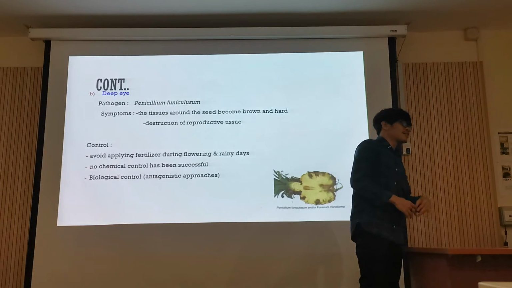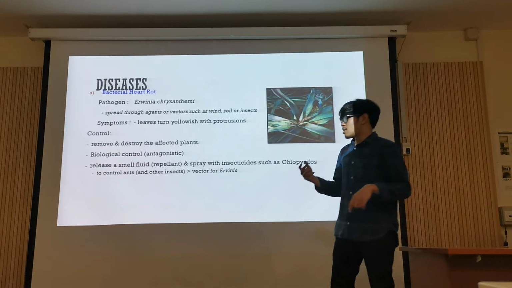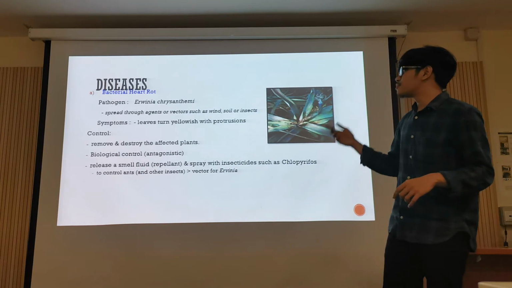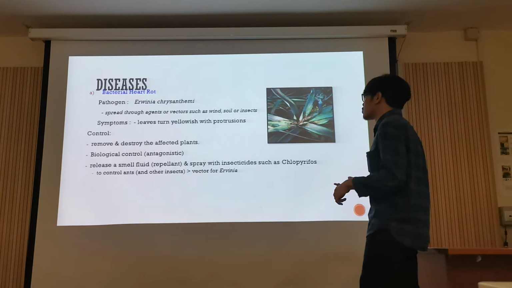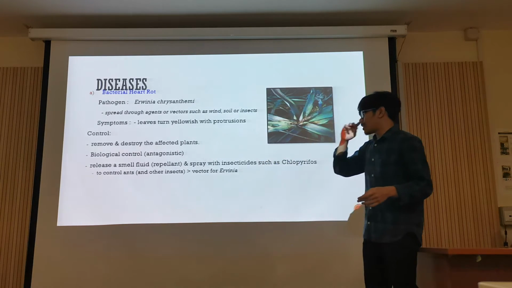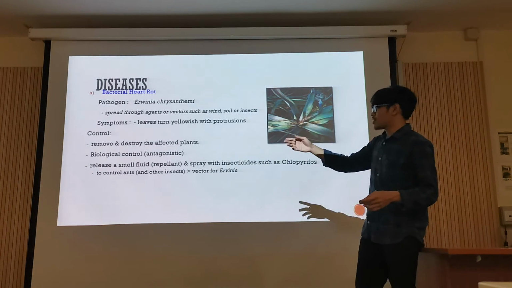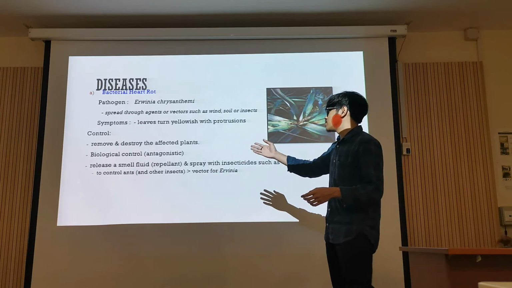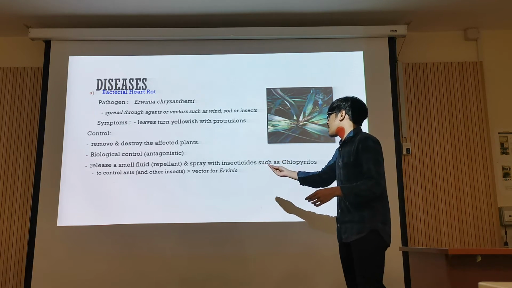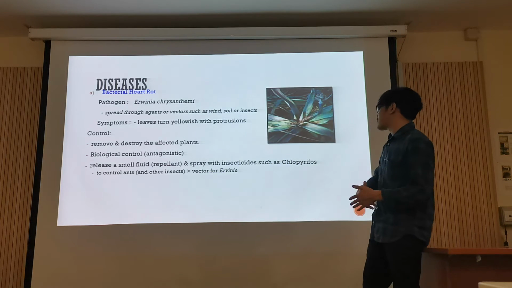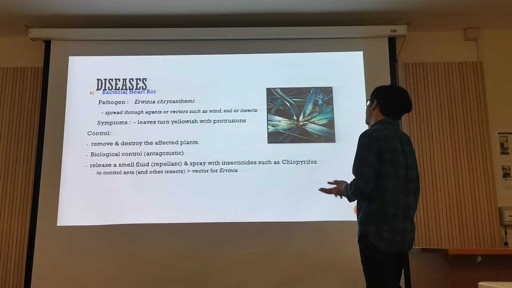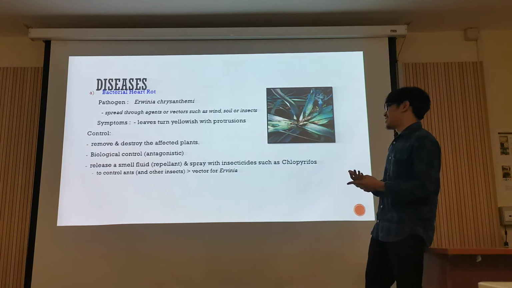Besides that, the other method to control it is by using biological control, which is in an antagonistic way. And we can also use a repellent that will release a smelly fluid, and it can be sprayed using chlorpyrifos.